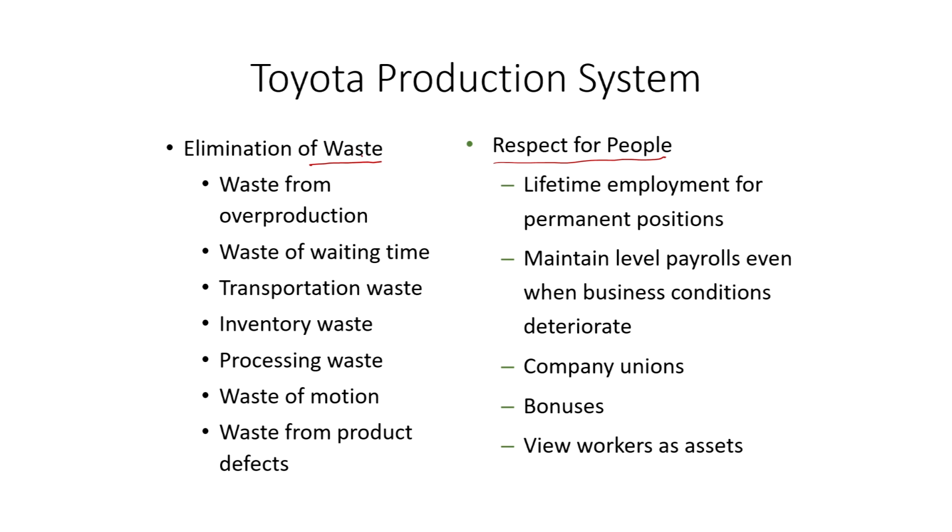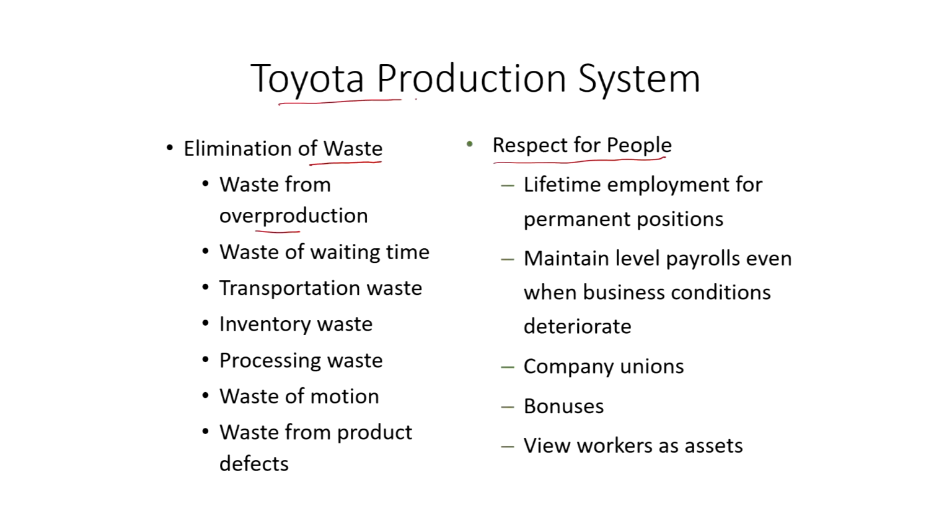When we say elimination of waste, what do they do? Waste from overproduction. Generally in our traditional systems, we say efficiency, machine utilization, we want to produce as much as possible. But in JIT context, in Toyota production system context, JIT was developed at Toyota.